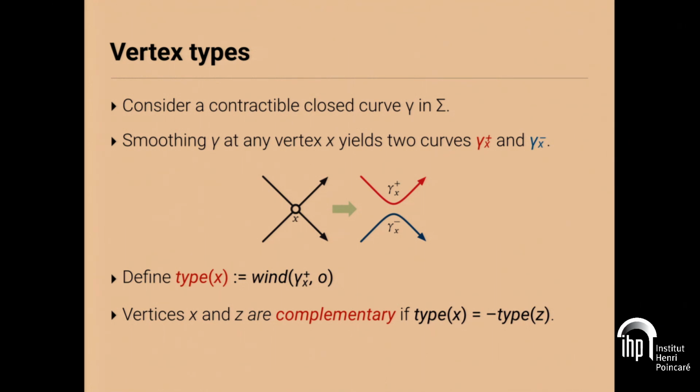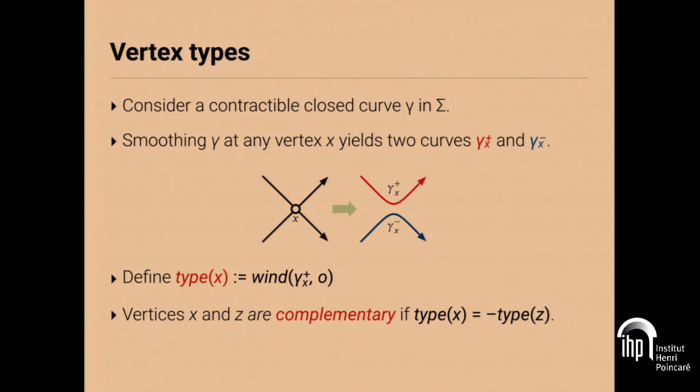Okay? And I'll say that 2 vertices have complementary types if those winding numbers are complementary. The curve is contractible, so the winding number of the entire curve is 0. So these 2 subcurves, because winding numbers are additive, will have complementary winding numbers. One will have winding number k, the other minus k, for some value of k. 2 vertices are complementary if when I smooth them, the subcurves on the left have opposite types.